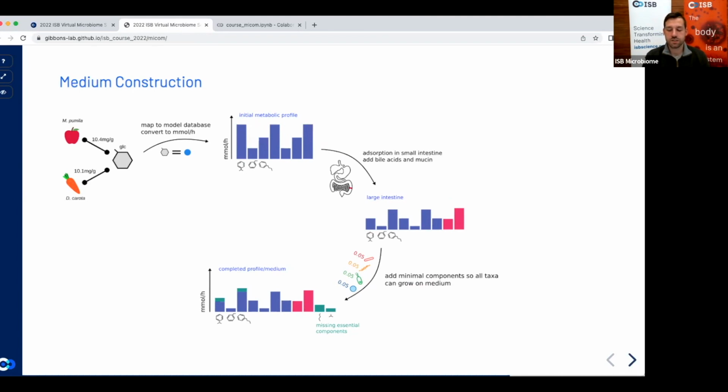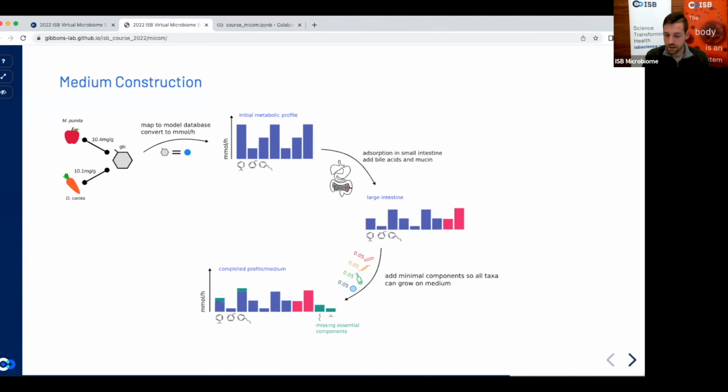Like I mentioned previously, some foods like baobab fruit were not available on these databases. So for instance, in the case of baobab fruit, we found an NMR-based study detailing its metabolic composition, which we could then use to determine those constituent metabolites and their abundance. After determining these constituent metabolites, we add those to our medium in the correct relative abundance.